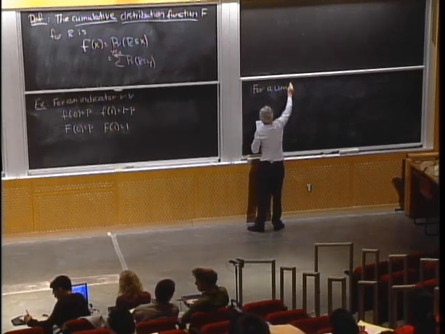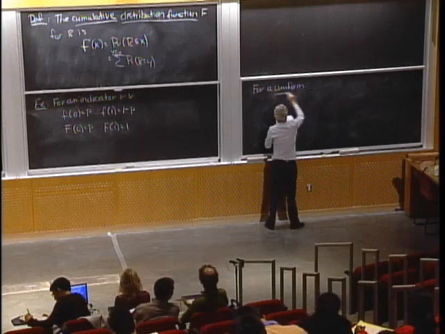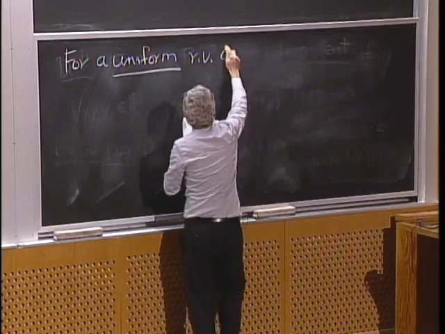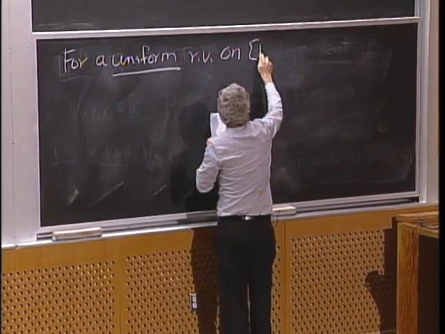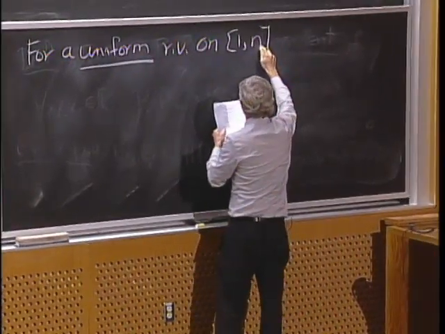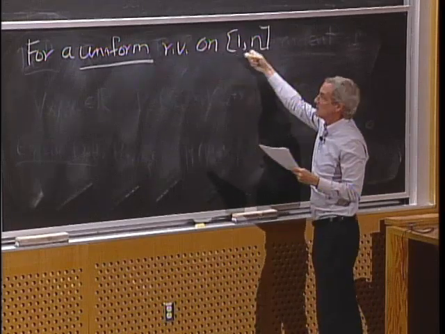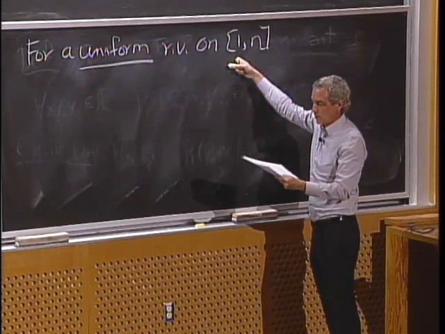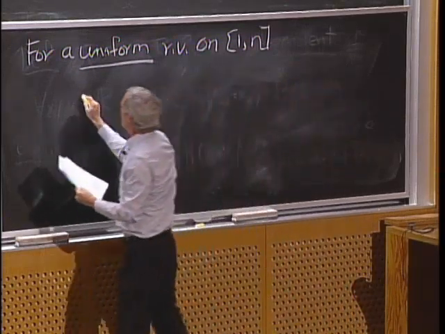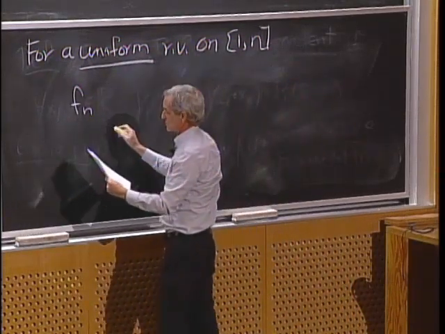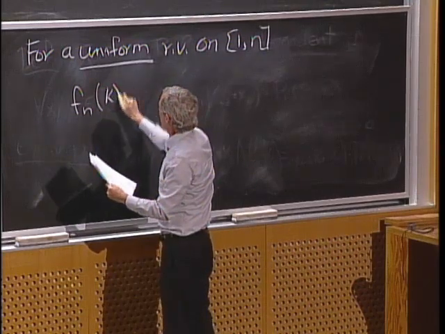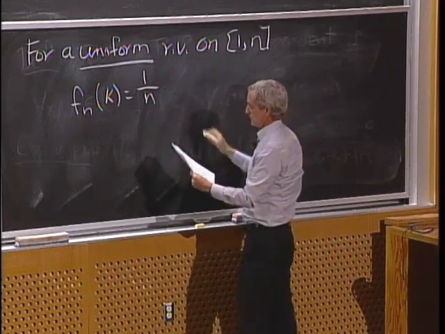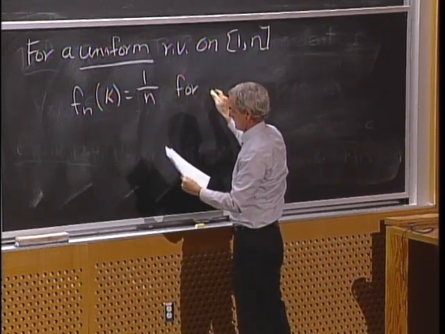For a uniform random variable, and we have to define what it's defined on, say, the integers from 1 to n, every value is equally likely. All the integers from 1 to n are equally likely to occur. And so in this case, n is a parameter of the function. f n of k is simply 1 over n. Each integer from 1 to n is equally likely. So it's 1 in n.